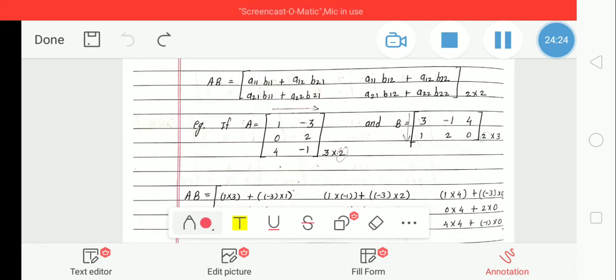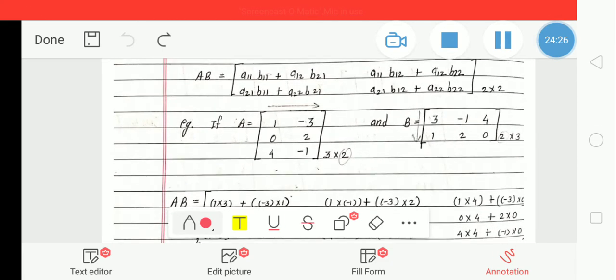Now in an example, A is a 3 cross 2 matrix and B is a 2 cross 3 matrix. Here the first matrix has columns 2 and here the rows are 2, so that is possible for multiplication, otherwise not possible.